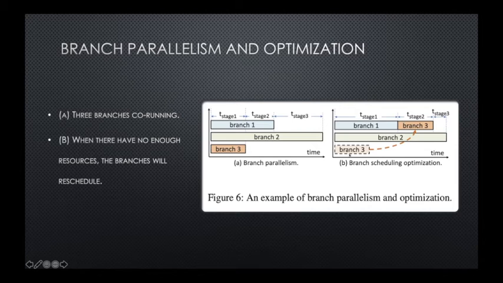And in B, assume that in stage 1, the required bandwidth exceeds the limit, but the sum of the required bandwidth of branch 2 and branch 3 is okay. Then we can move branch 3 to append to branch 1 for better bandwidth.